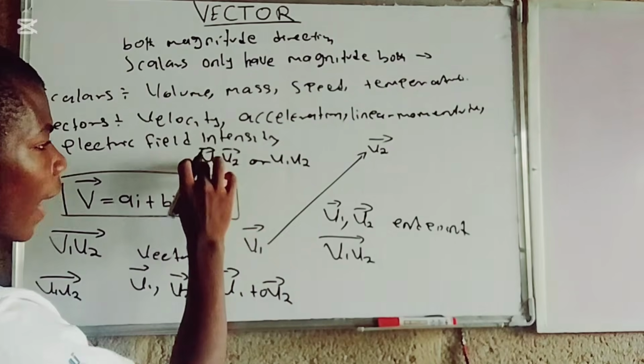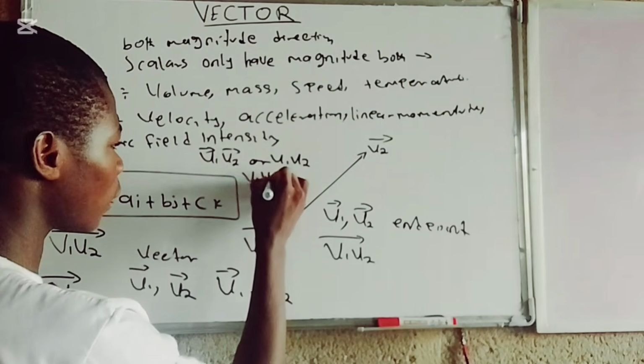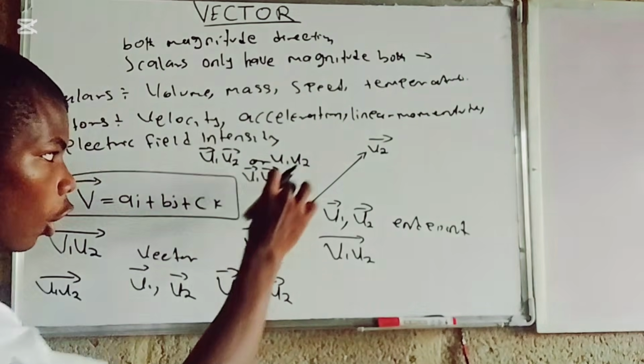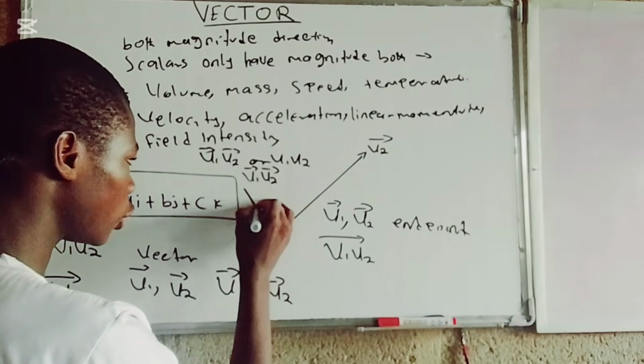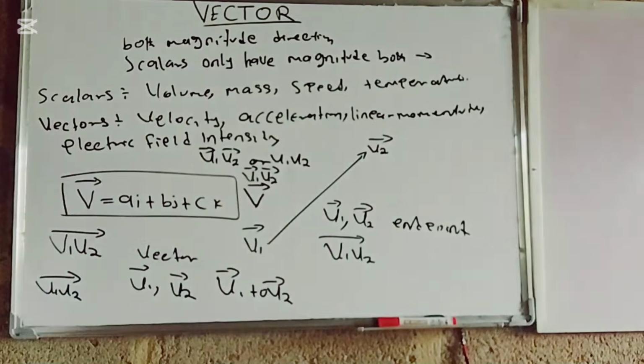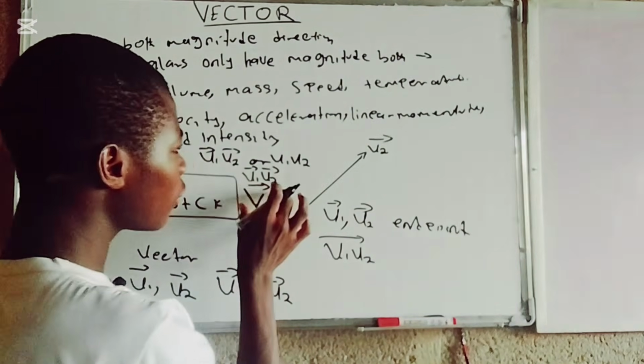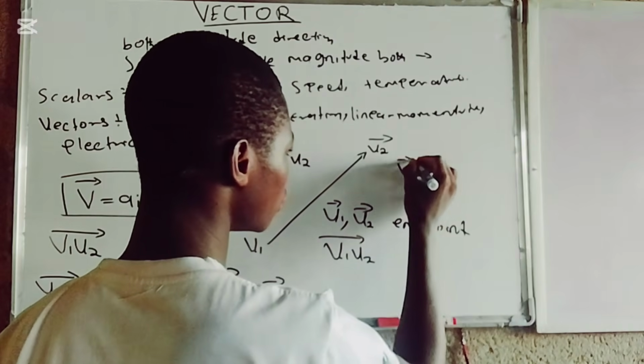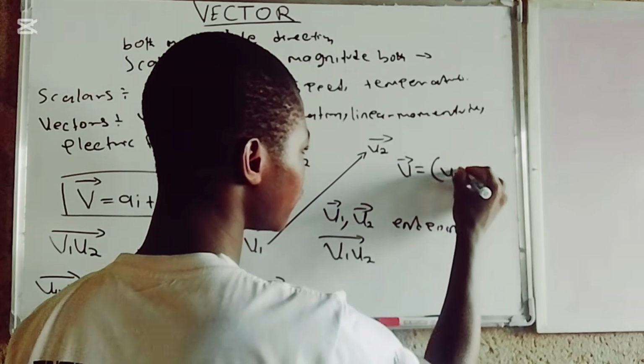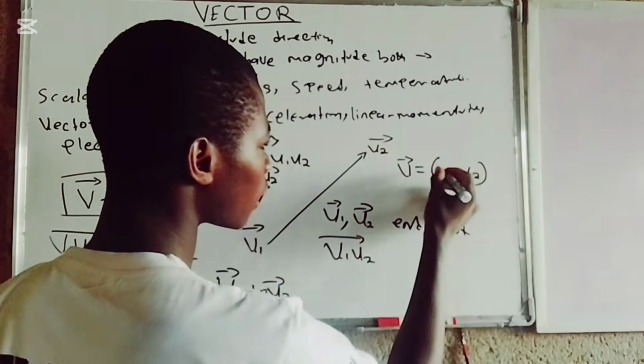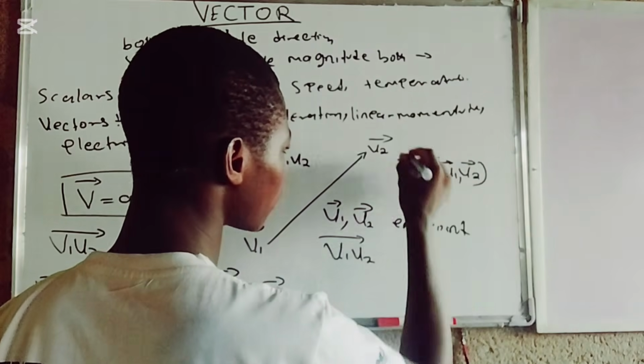At this point, V1 and V2 are called the components of this vector V. The components of this vector V should now equal V1, V2.